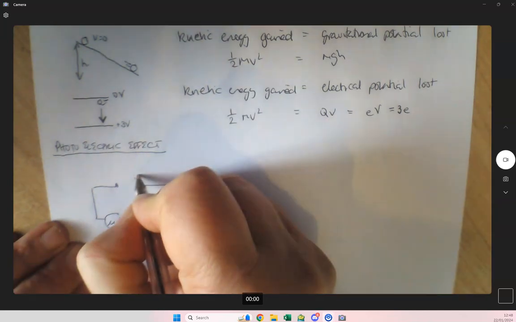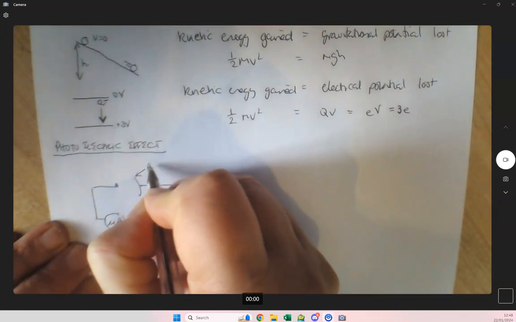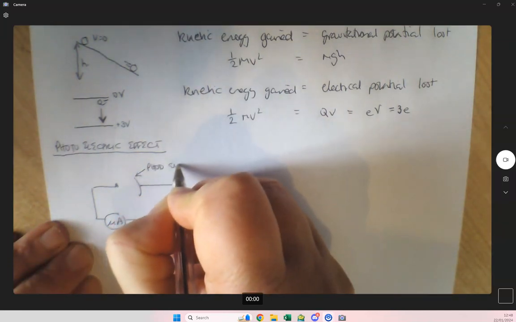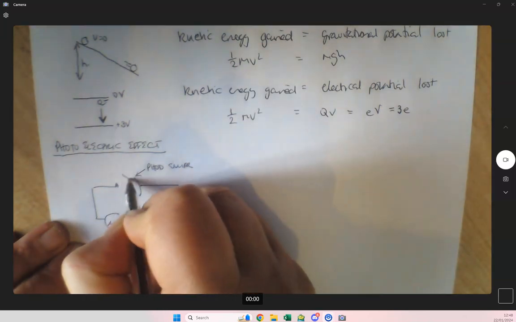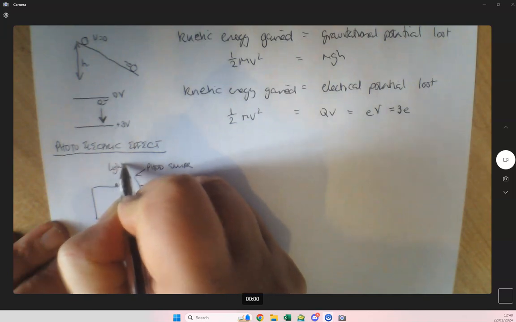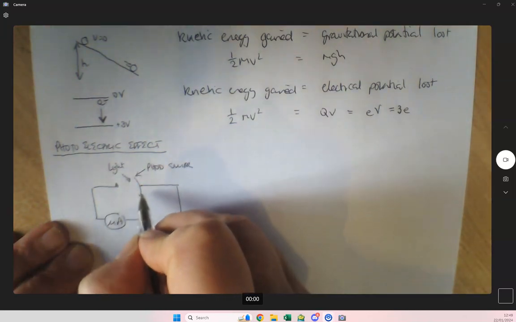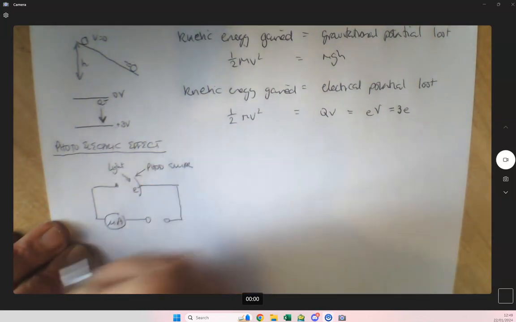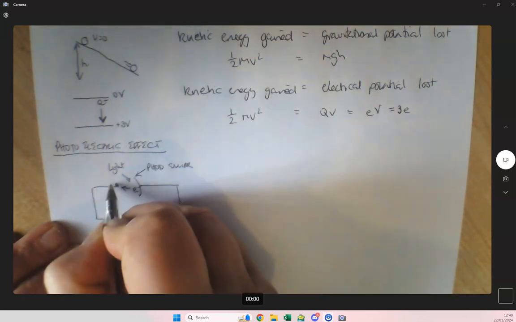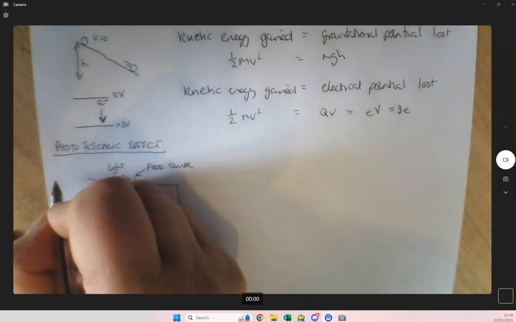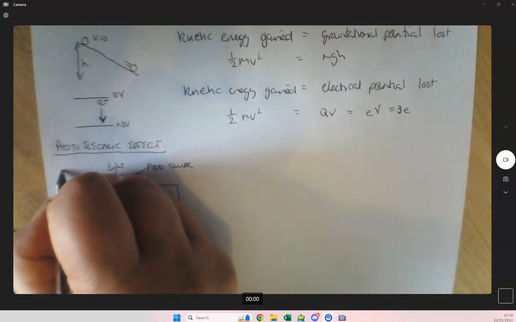Let's make this a photoelectron emitter, and we're going to be shining light onto it. This is going to emit an electron, and that electron is going to move to that point there. That point we're going to call an electrode.